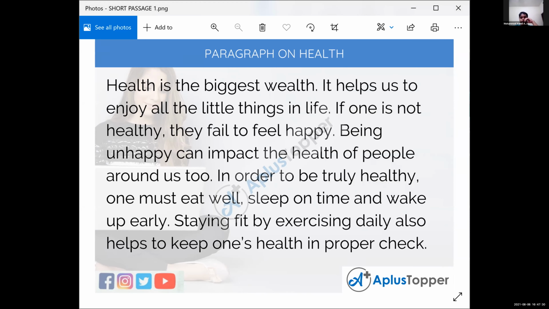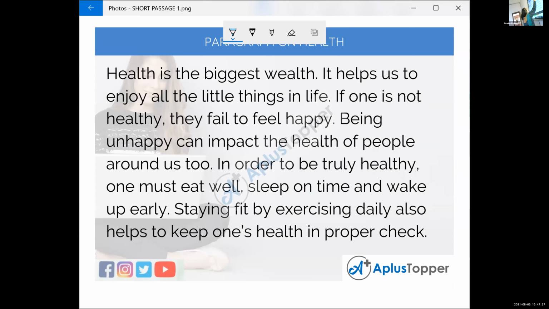Yes, ma'am. Okay. Just a moment. Okay. Fine. Now, start. First sentence, you have to tell me which are the words to be underlined.